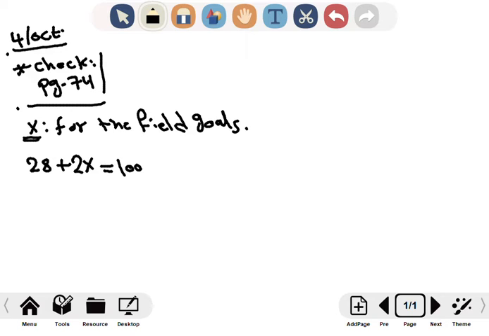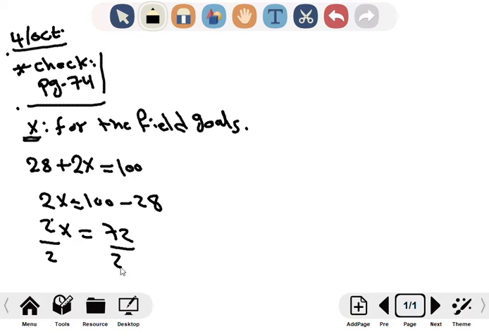100. Let's solve it. We shift the 28, then divide by 2 simply. So 2x equals 100 minus 28. 2x equals 72. So how many times did he throw from the field?